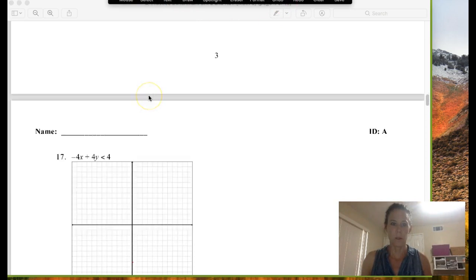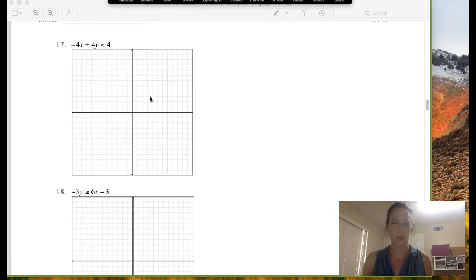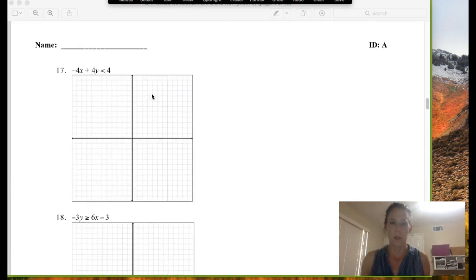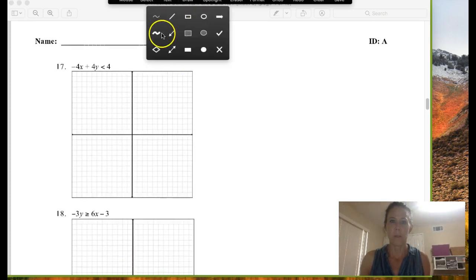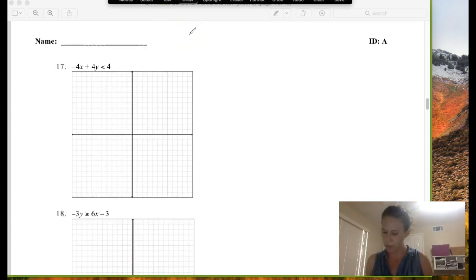All right, let's go on to 17. We need to graph this inequality. So in order to graph the inequality, you graph inequalities just like equations. You need to solve for y. So we need to put it in slope-intercept form. And I'm going to write it right up here. Negative 4x plus 4y is less than 4.